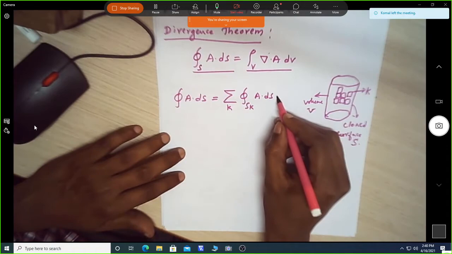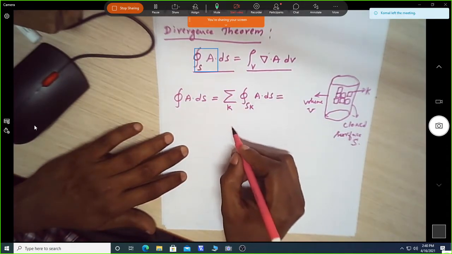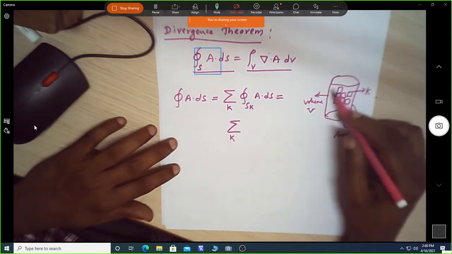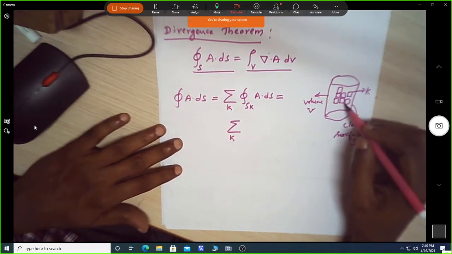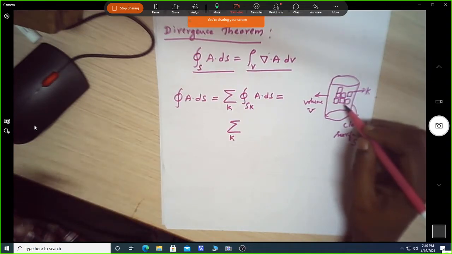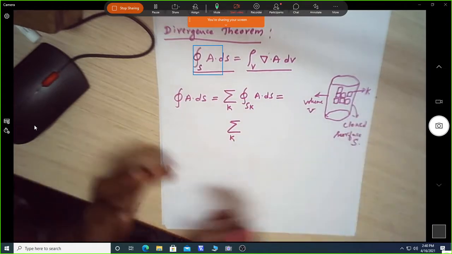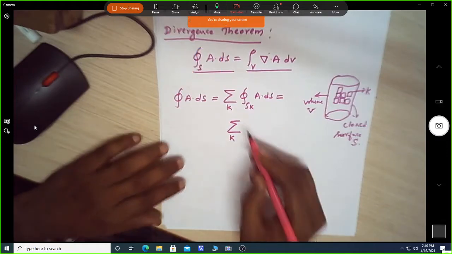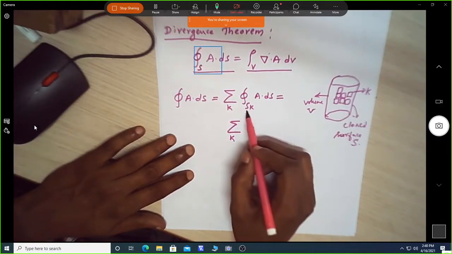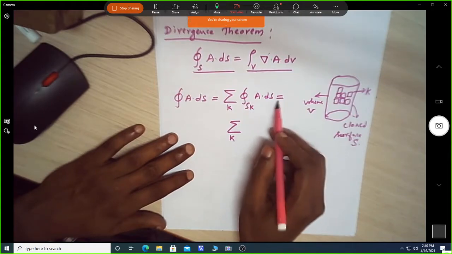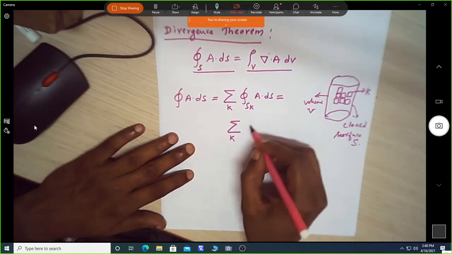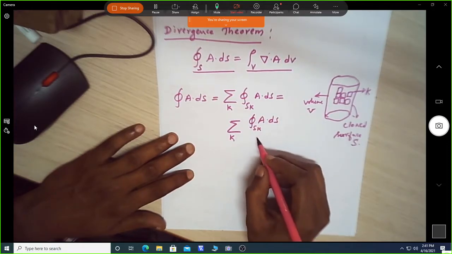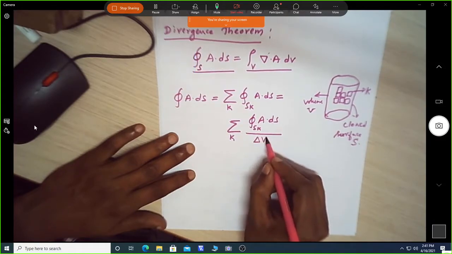So this can also be equated to the volume. If I take this as the complete volume, and the small surfaces which we have defined as Sk, then it equals the summation over k of the closed integral of A dot ds over the small surfaces Sk, defined over the small volumes Vk.